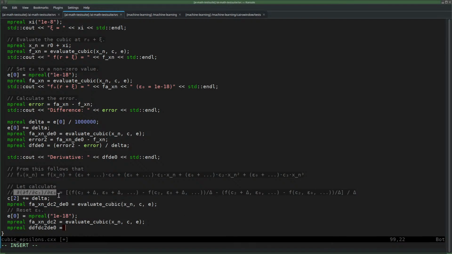That's this thing. It is hence something divided by delta, where something is some difference divided by delta minus some other difference divided by delta. Might as well move that outside and divide it by delta squared. Is that not true? So I'm going to use delta squared.